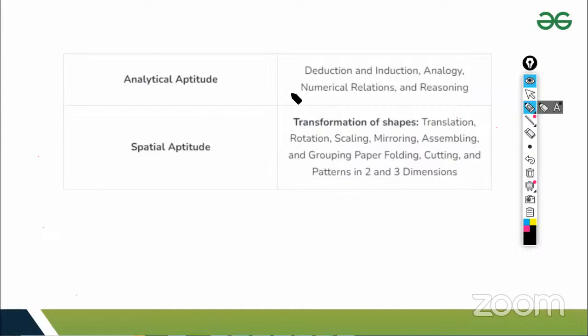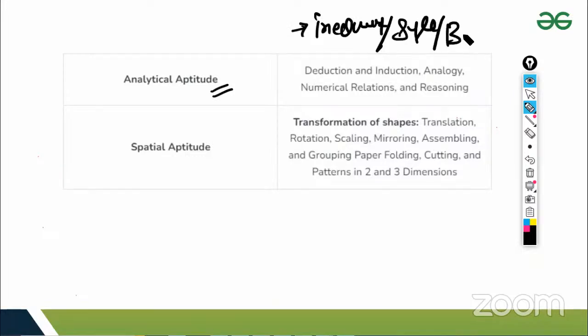Next. Analytical aptitude is deduction, analogy, numerical relation, and reasoning. The important topics in it are inequality, then syllogisms, blood relation, then direction and sense, and coding decoding. These 5 topics are important. Some students have seen these problems in the recorded session, some are from the self-paced course, some from the online session, some from the offline session.